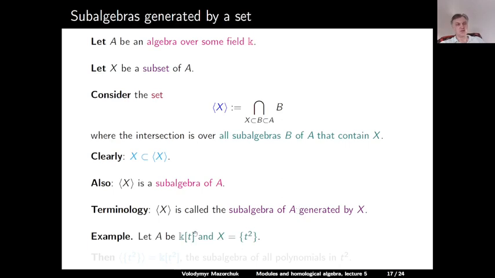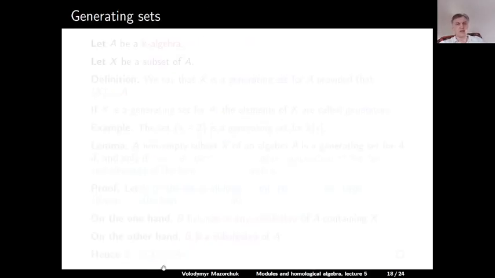For example, if we take the algebra of all polynomials in T, and we take as X the monomial T squared, then the subalgebra generated by T squared is the algebra of all polynomials in T squared. It's a subalgebra in the algebra of all polynomials in T. Now let's talk about generating sets.